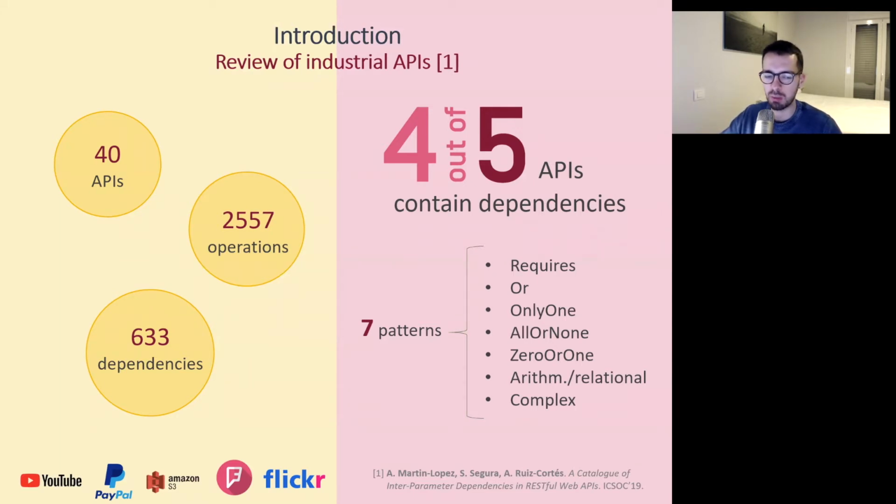And we're talking about APIs like YouTube, PayPal, Amazon, etc. And one of the main conclusions that we drew is that these dependencies are extremely common and pervasive. So they appeared in 4 out of every 5 web APIs that we studied. But the best of all is that we managed to classify them in 7 patterns that you see there. This is an already published work which was presented last year, actually here at ICSOC.